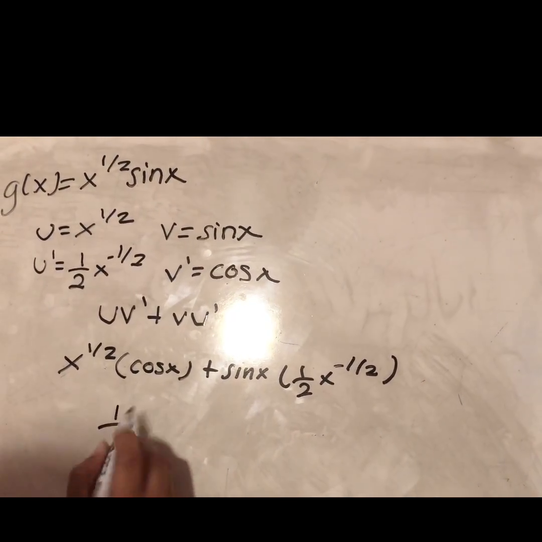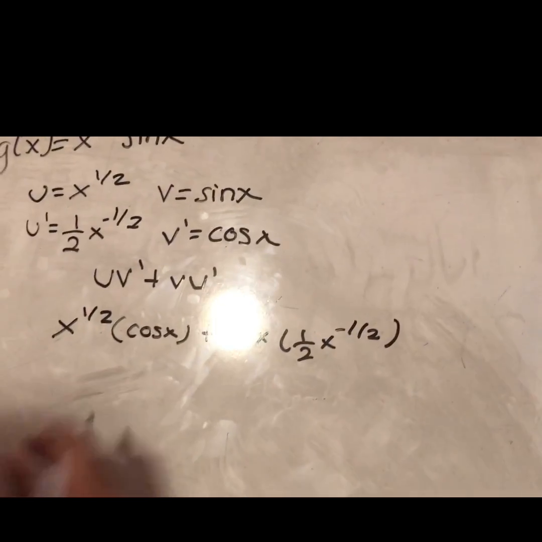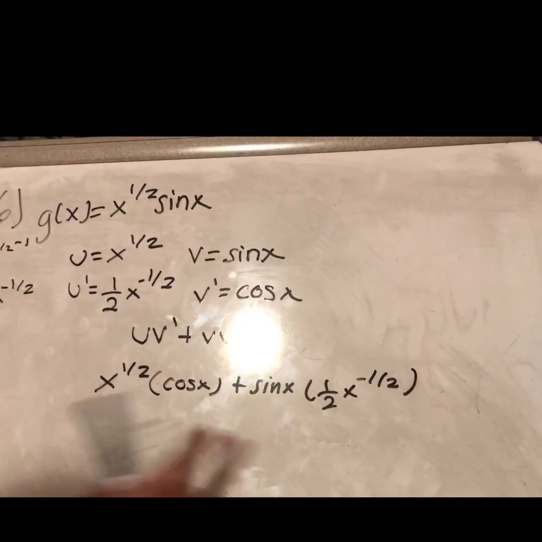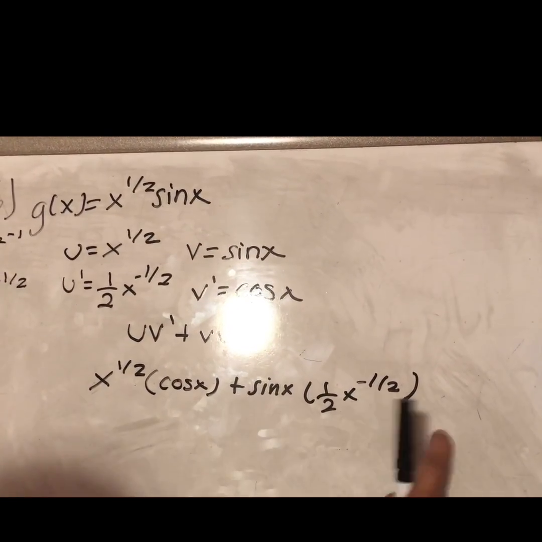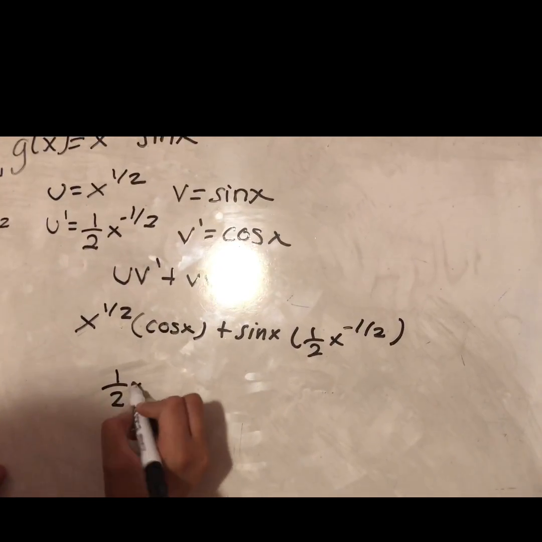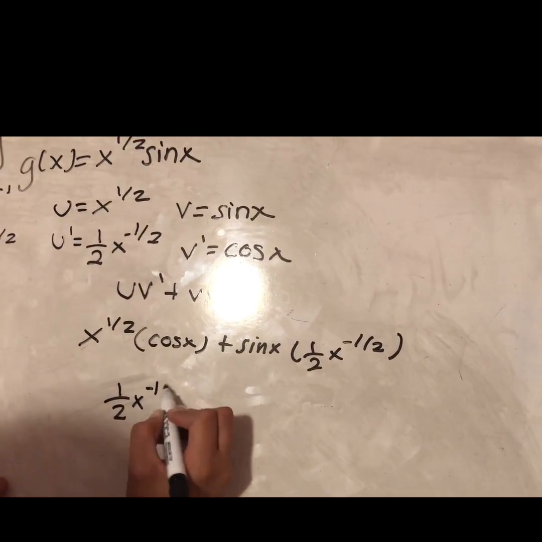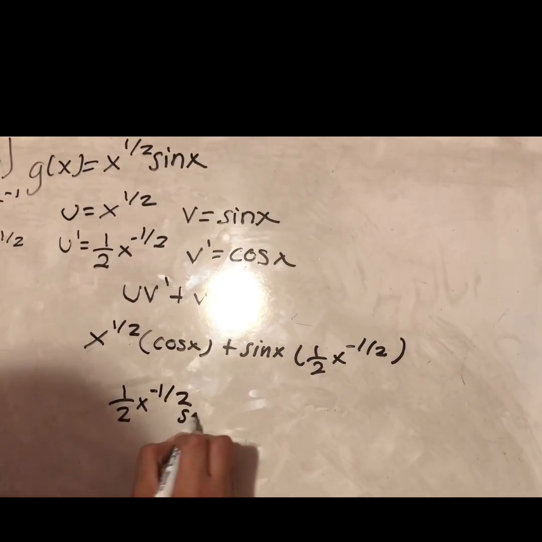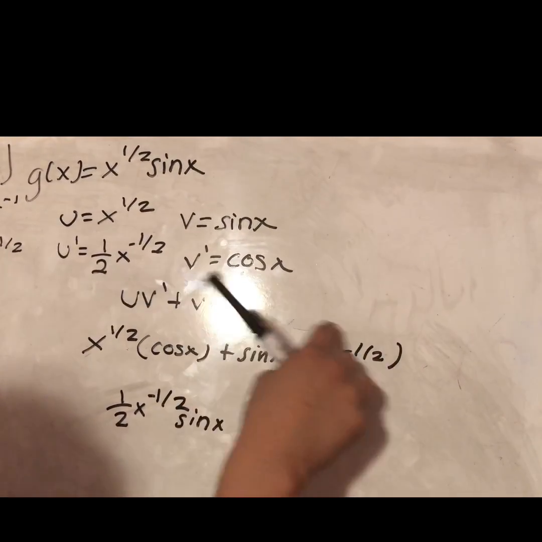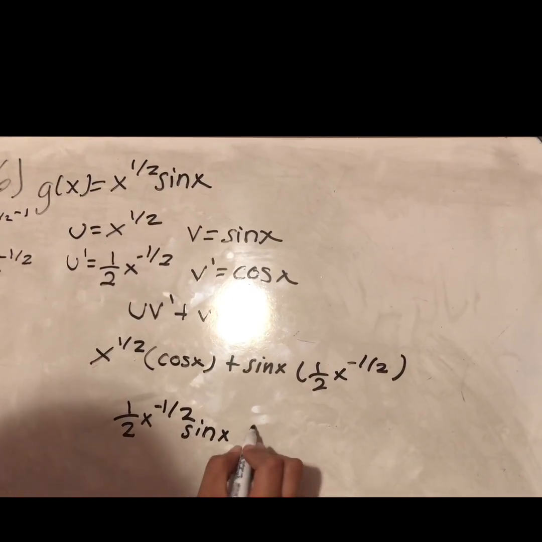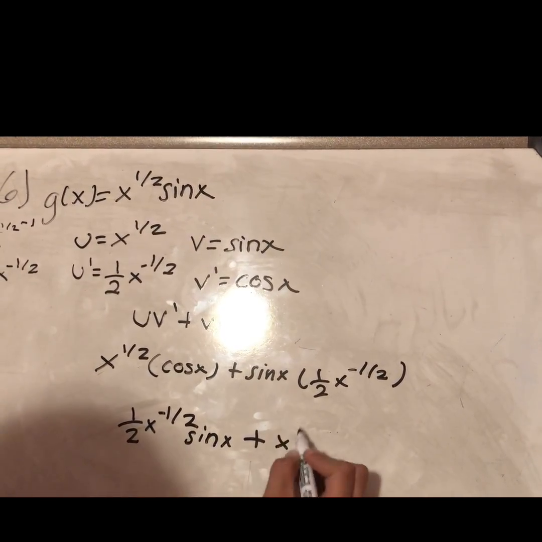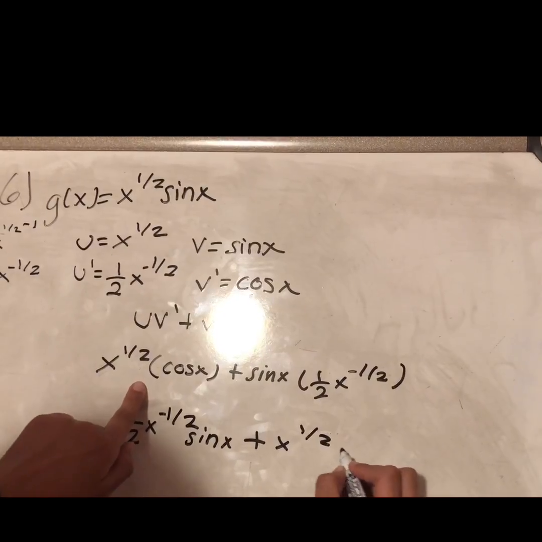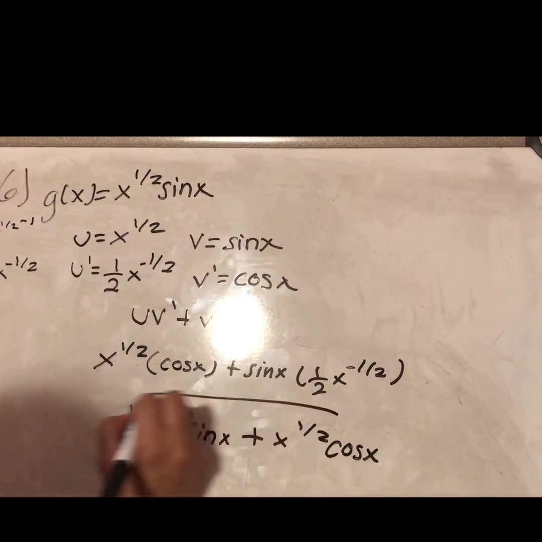And now you would just bring it together. I'm going to bring this one to the front since it's bigger: 1/2 x to the negative 1/2 sine x. I just distributed everything together. So now plus x to the 1/2 cosine x, and this would be your answer.